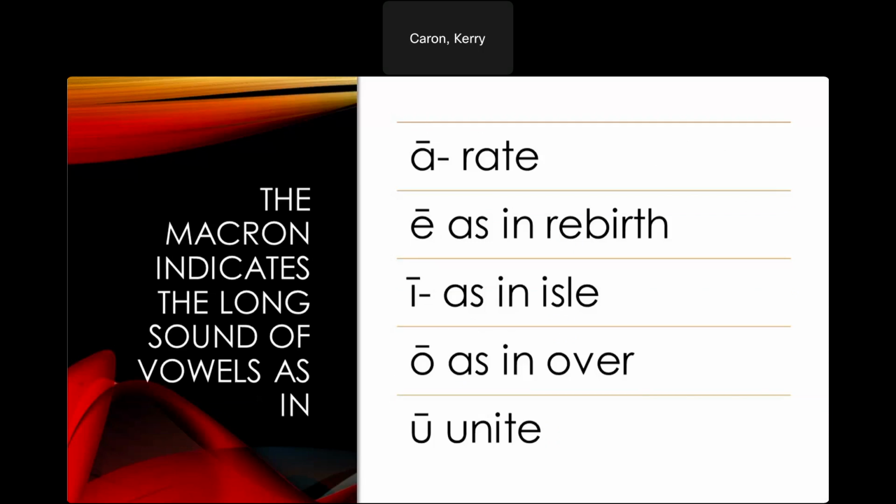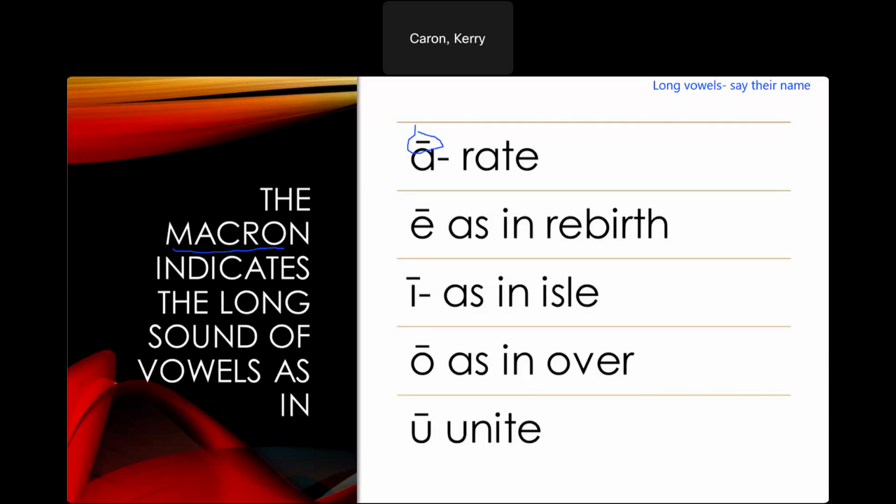Okay, so last little bit. This diacritical mark, this line above the A, is called a macron, and this indicates a long vowel. If you remember from when you were little, the long vowels say their name, and the short vowels do not.